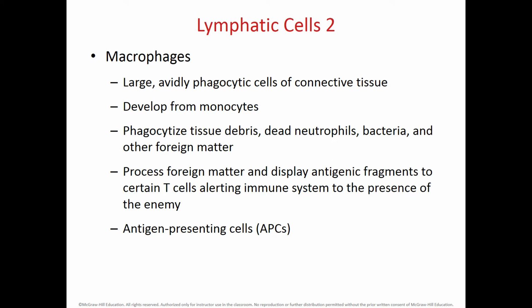And then the T lymphocytes will be attracted by these fragments of antigens, and they will become activated. So the macrophages, together with other cells, are known as antigen presenting cells, or APCs.